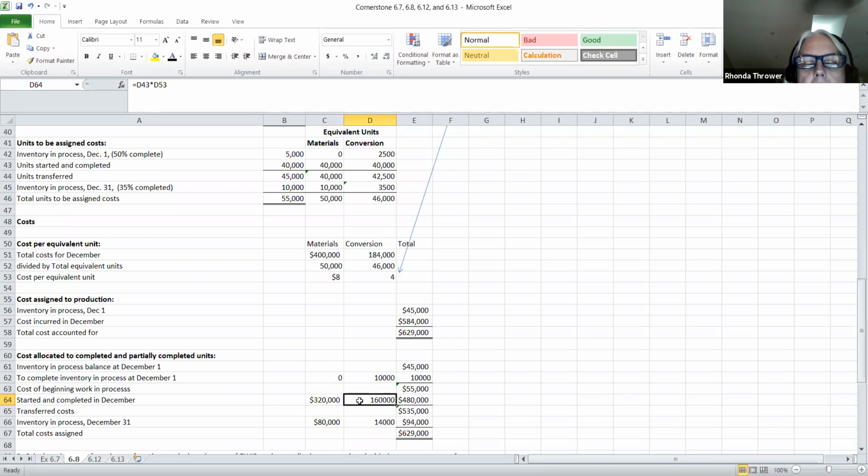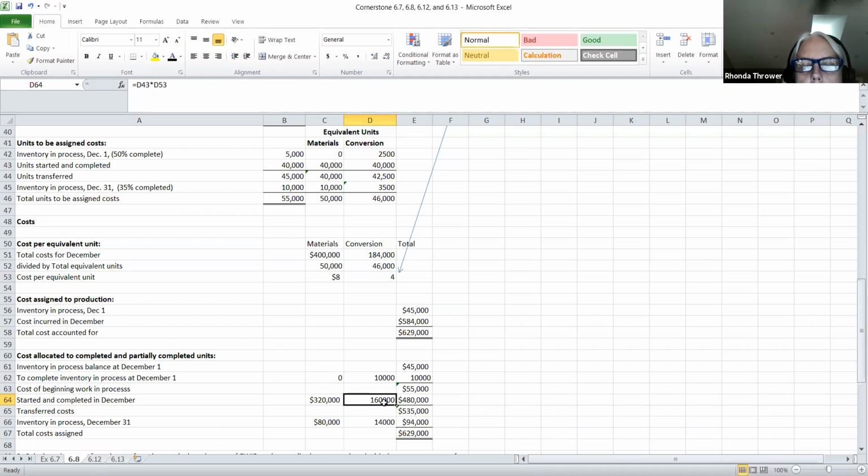Since I started and finished those units, all of the conversion costs have been added. So I'm going to go to my conversion cost for my units started and completed. I'm in the conversion column now. For equivalent units, started and completed was 40,000 units. I'm going to multiply that by my cost per equivalent unit for conversion, which is $4.